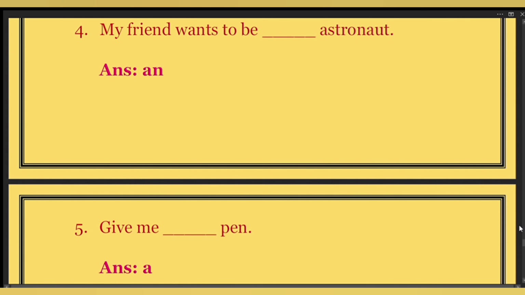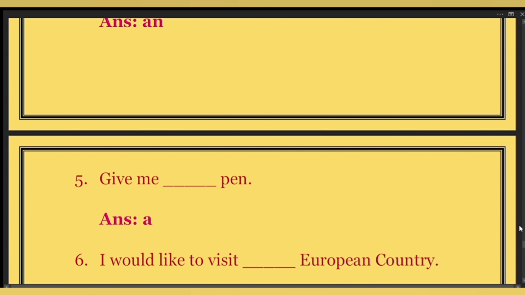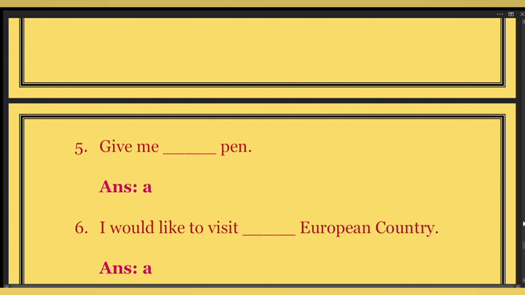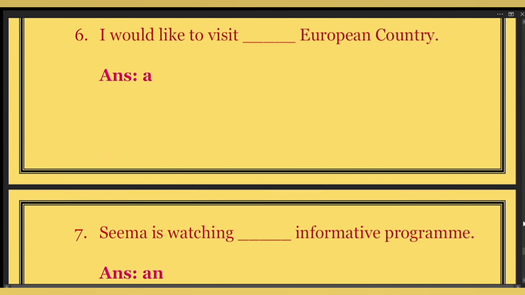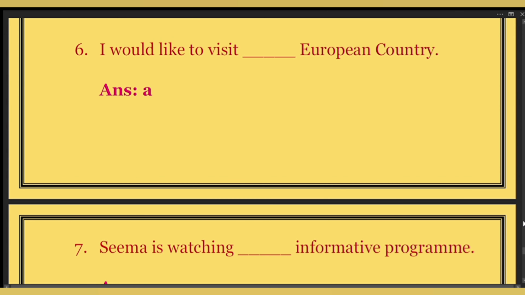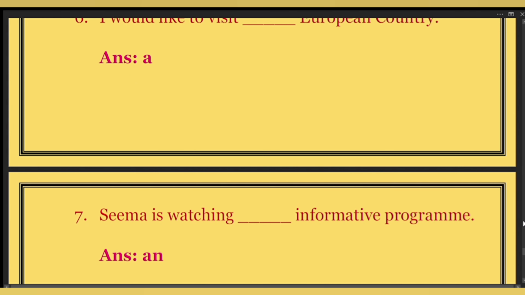A is the answer. Then number 6, I would like to visit dash European country. The answer will be a. Then number 7, Seema is watching dash informative program. Here the answer will be an.